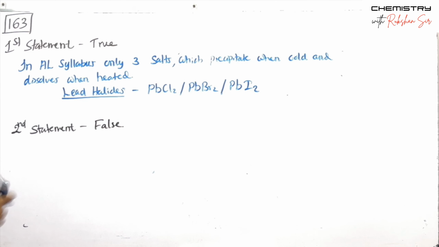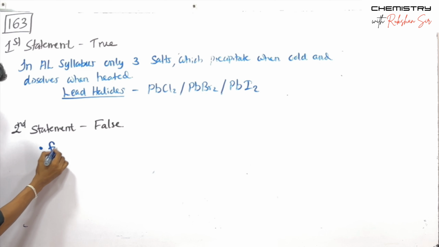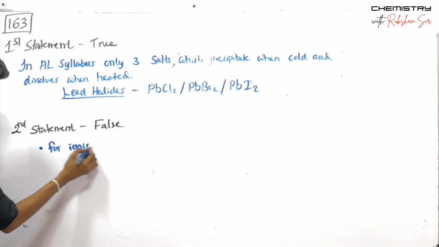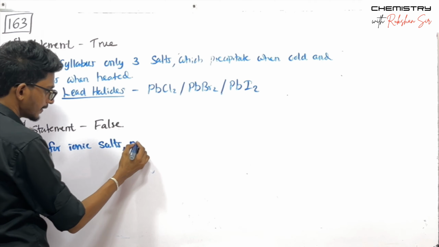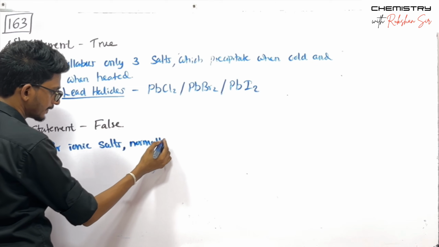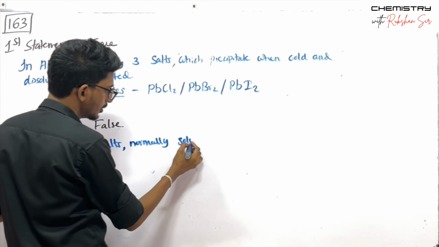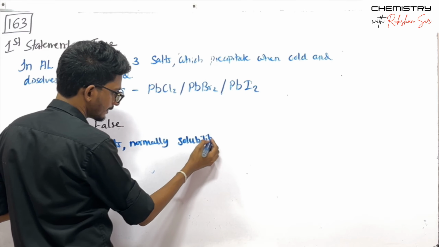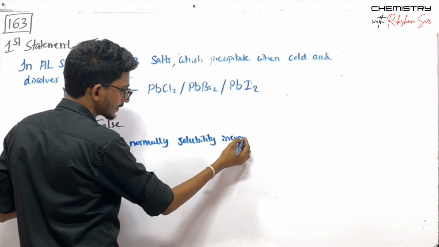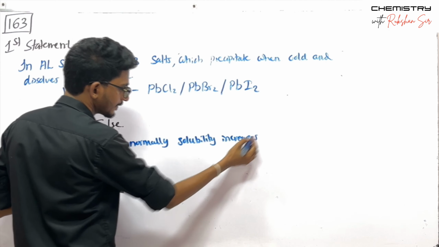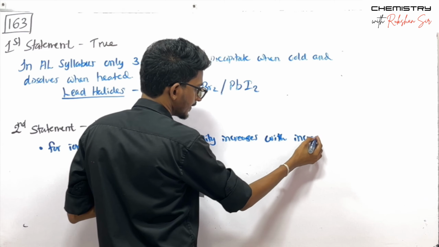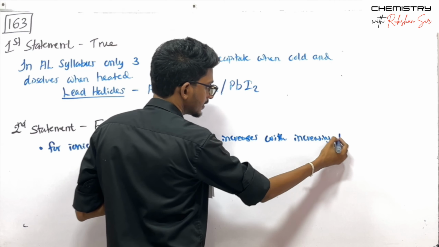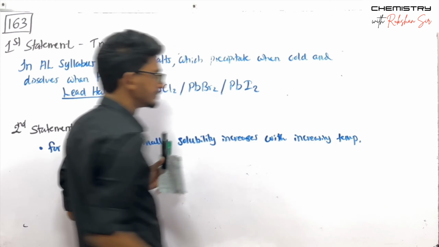So the thing is, for ionic salts, normally solubility increases with increasing temperature.